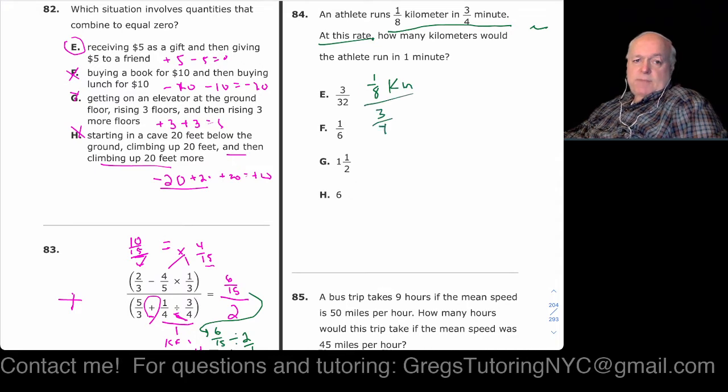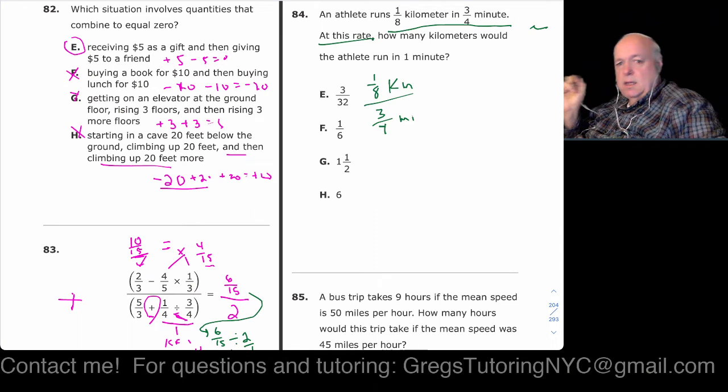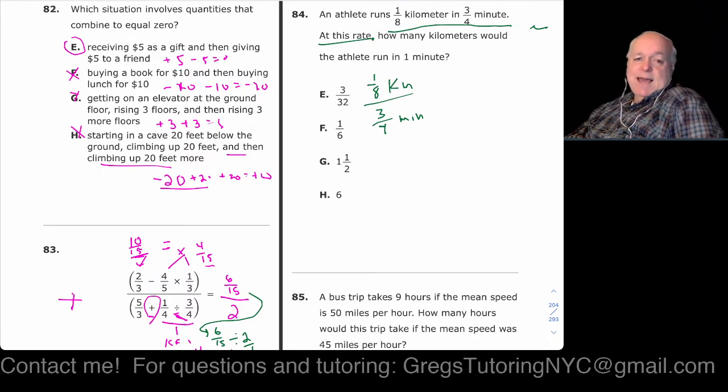I also have my math radar going off, asking whether they are going to ask me to do a unit conversion of either the meters or the time, maybe to seconds, maybe to hours. I don't know. And then it just ends up with how many kilometers would an athlete run in 1 minute? So basically they want to know what that's equal to.